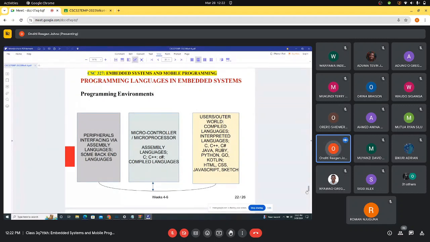So basically, these are the environments. Every time you are looking at peripherals interfacing, the language is assembly. For the microcontrollers and the microprocessors, the language is assembly, C++, or C. The user interfacing has quite a lot of languages that can be utilized to handle that aspect.